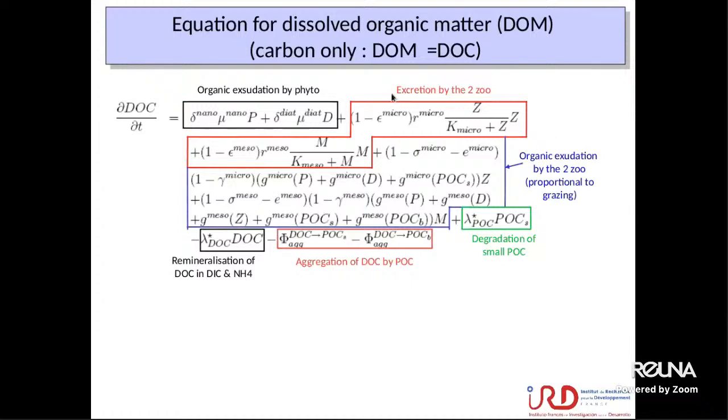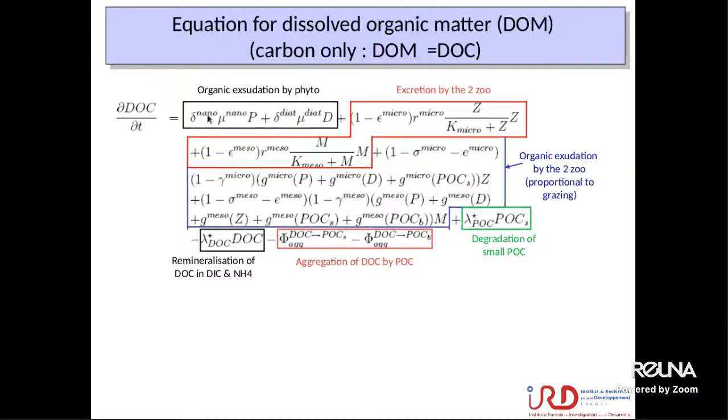And now we are going to describe the dissolved organic matter, or dissolved organic carbon, equation. It will be easier now because we have described the key elements for phyto and for zoo, and you will recognize that some terms are coming from these phyto and zoo expressions.